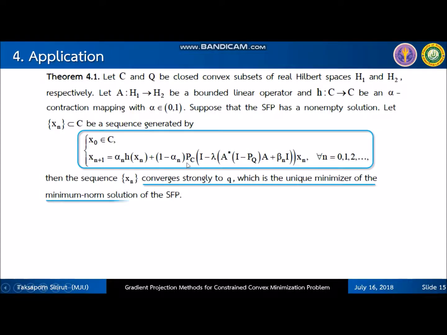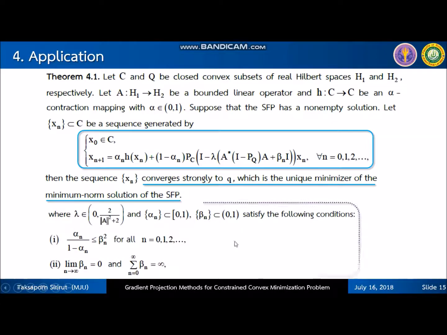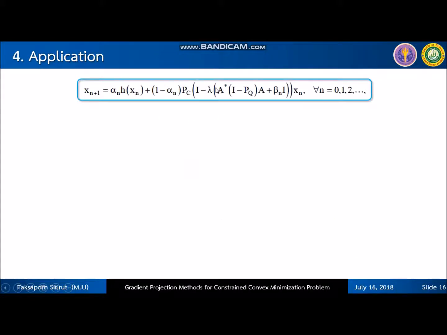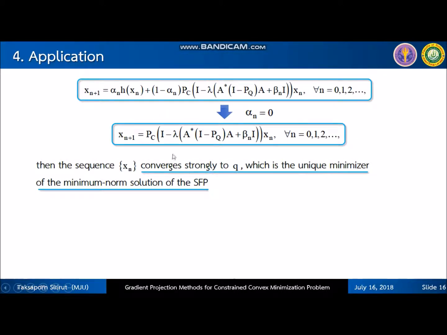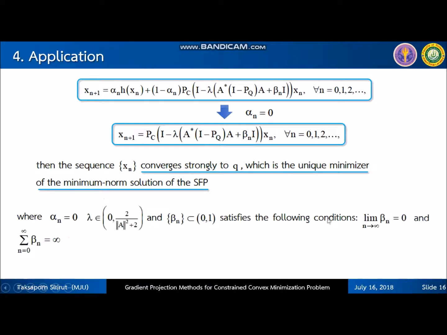We can prove that this sequence converges strongly to the unique minimizer, the minimum norm solution of the SFP, under the same condition. And for this sequence, if we put alpha n equals 0, we obtain the new sequence, and we can prove that it converges strongly to q under the same condition.